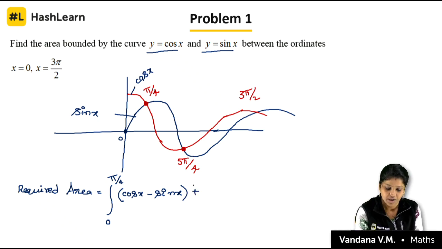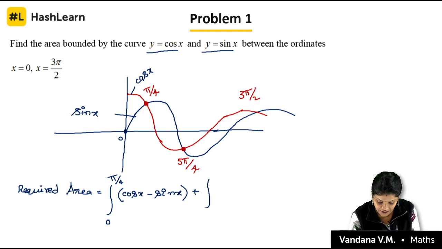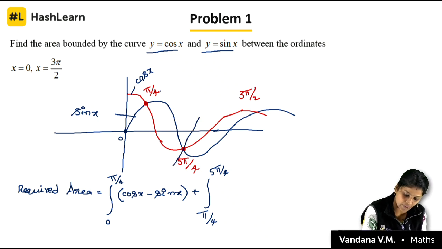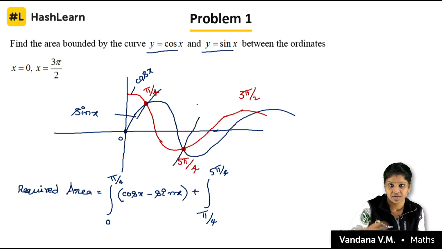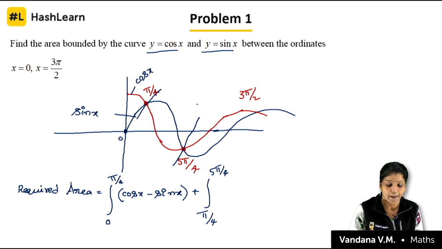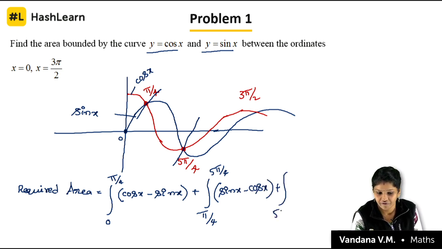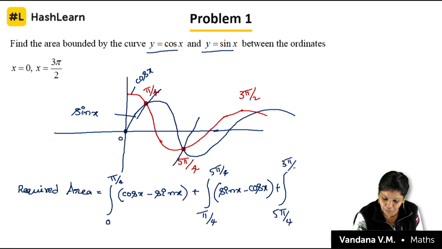Okay, next, from pi by 4 to where it meets once again, that is pi by 4 to 5 pi by 4. In this particular interval, which is the upper graph? That is the sin x graph, that is sin x minus cos x, plus integral 5 pi by 4 to 3 pi by 2, right?